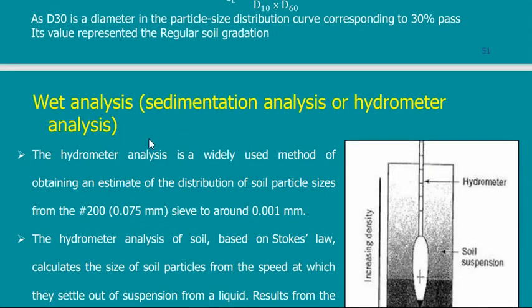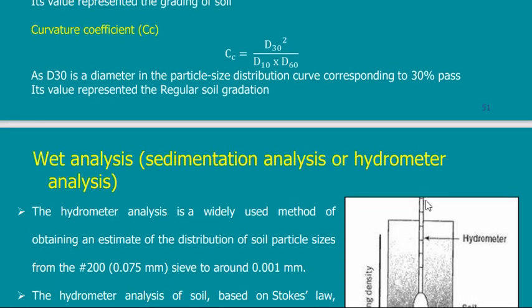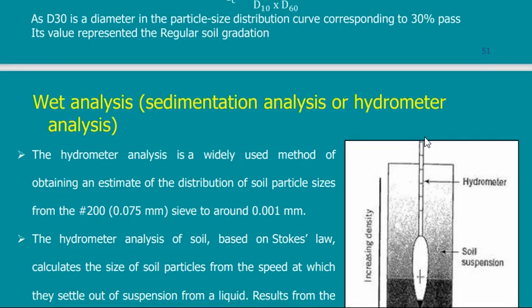The other and the last thing is the hydrometer. I told you that there is the sieve, and the hydrometer. What is the hydrometer? I dissolve the sample in water, I put it inside this jar, and I take this, which is the hydrometer. It is graduated, I put it inside the water, and I take the reading every period of time.